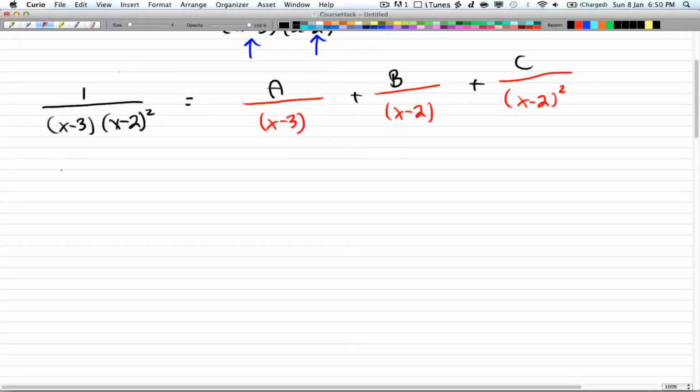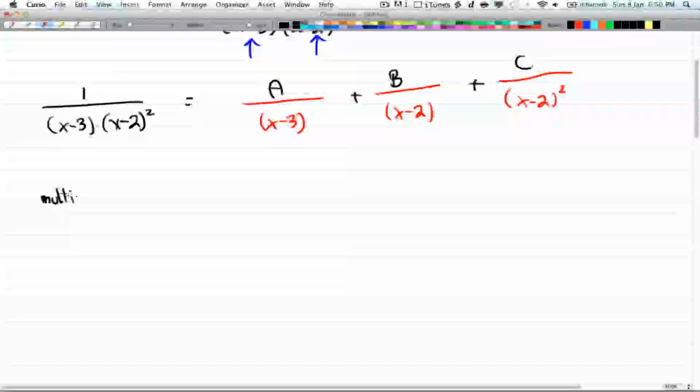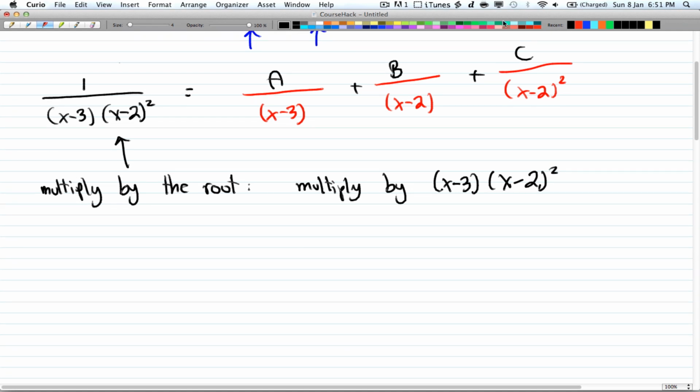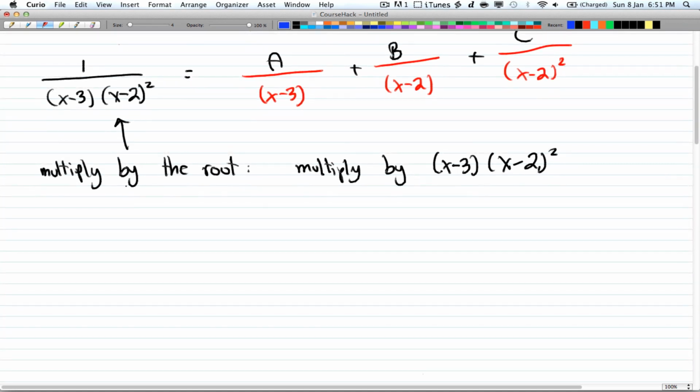Alright, so now you're going to multiply by the root. So multiply by the root, which is this. So in this case, you're going to multiply by x minus 3 and x minus 2 squared. So if we do that, we'll get 1 on the left hand side, since we're multiplying by everything here. These two terms get cancelled out, and that will be equal to a, let me just write it on the same line.